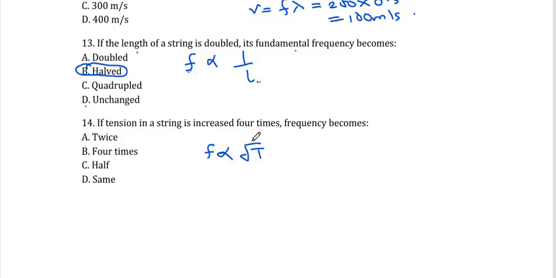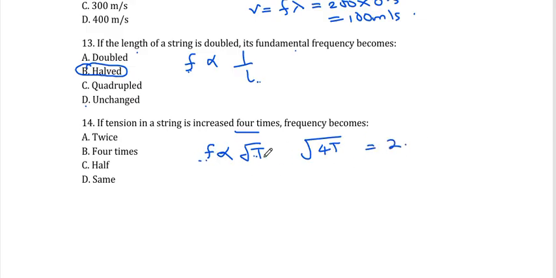Okay, so whatever this is increased, this will increase by the square root of the same factor. So for example, in this question here, the tension is increased 4 times. So I'm going to have the square root of 4. Square root of 4 is 2. That means the frequency will increase 2 times.